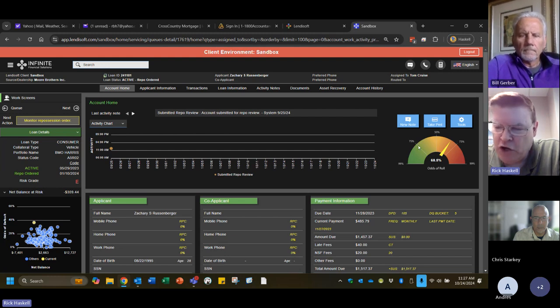You may or may not want to show this to the collector. You might only want to show this chart to the manager or somebody at a higher level. But some shops will actually want to show this to the collector as well. But it's pretty handy if you're in a situation where you're deciding, should I repo the car or should I not?